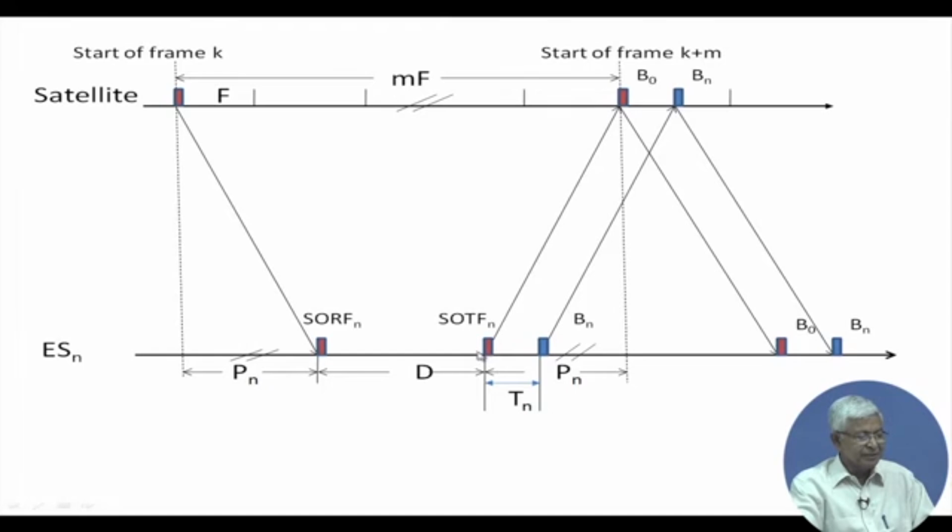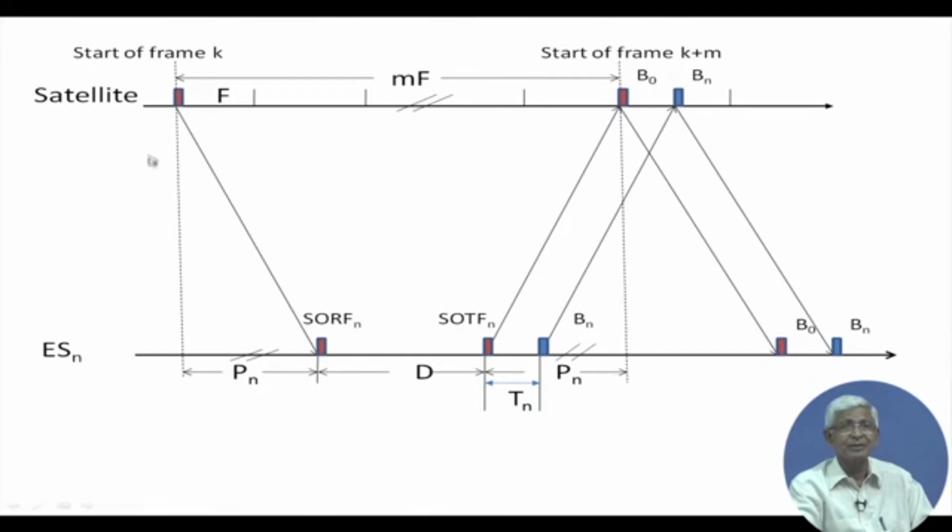Now, this is imaginary, he does not know. So, this delay he calls capital D. He has measured the start of reference frame, and if he knows this D, then after tn time he transmits his burst, it will reach the correct position, and he can verify: he will receive that reference burst here, and the delay tn he will receive at tn. So, he will know he has transmitted correctly, but the point is how he will know this D, which is not known to him, how he will estimate. Now, this can be estimated very simply.